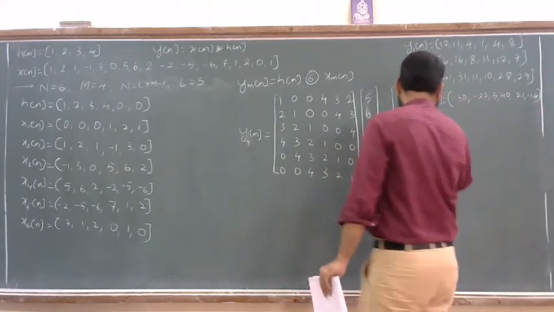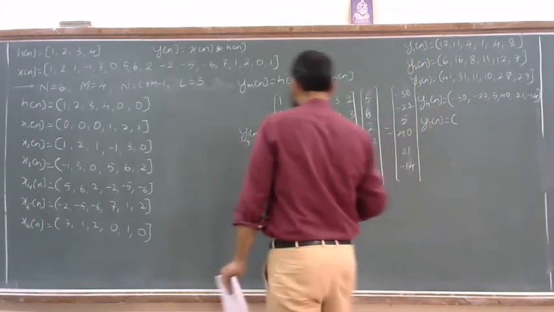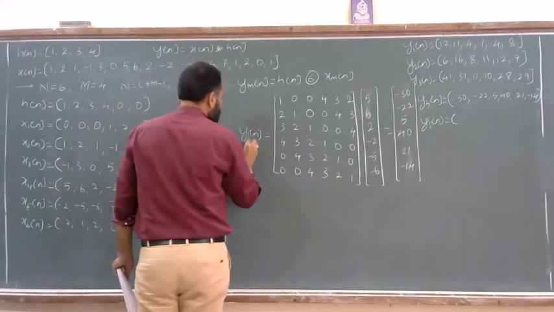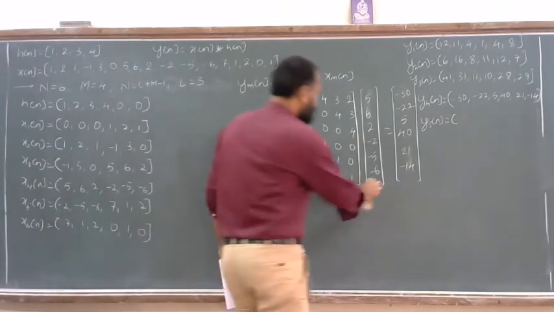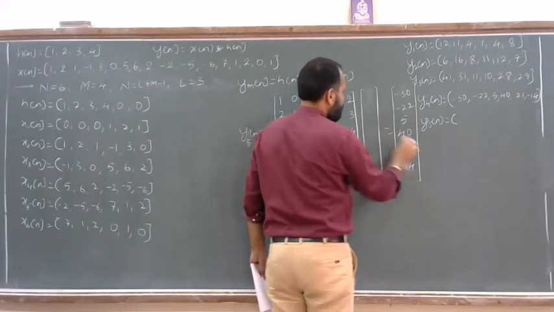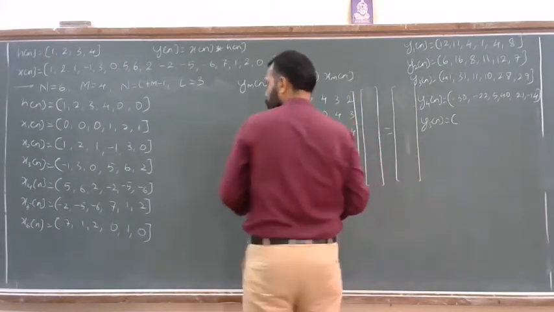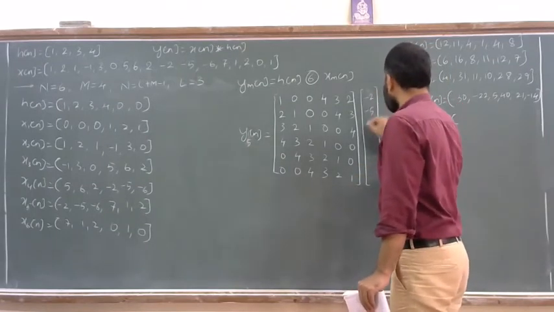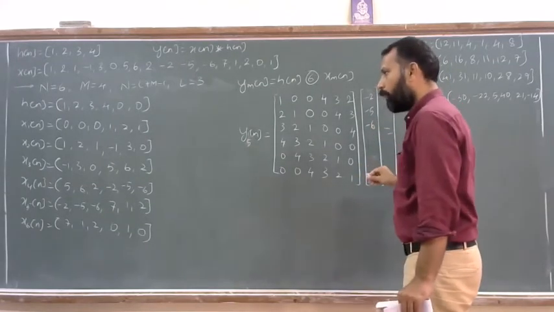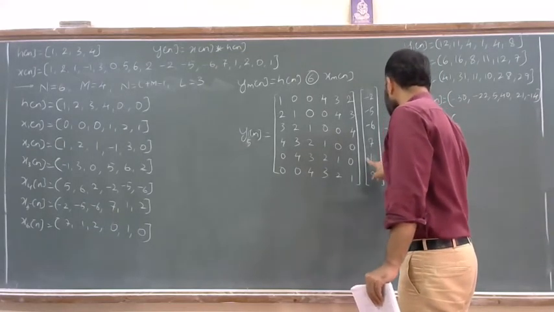Okay, next y5 of n. To obtain y5 of n, multiply this matrix with the fifth segment, which is minus 2, minus 5, minus 6, 7, 1 and 2.